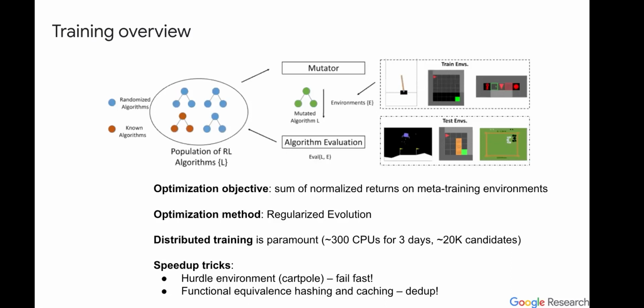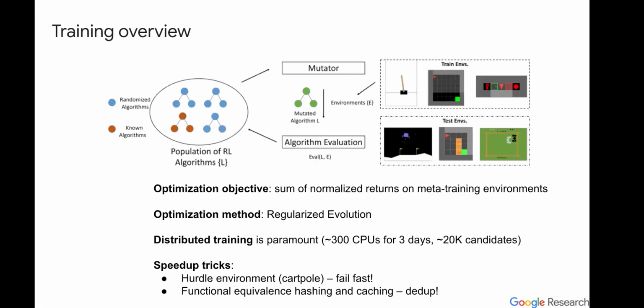The second trick is so-called functional equivalence hashing and caching. This is for deduping the same candidates. So what do we mean by functional equivalence exactly? For example, as computation graphs, x plus x is different from 2x, but they are algebraically equivalent. So functional equivalence really means this algebraic equivalence.